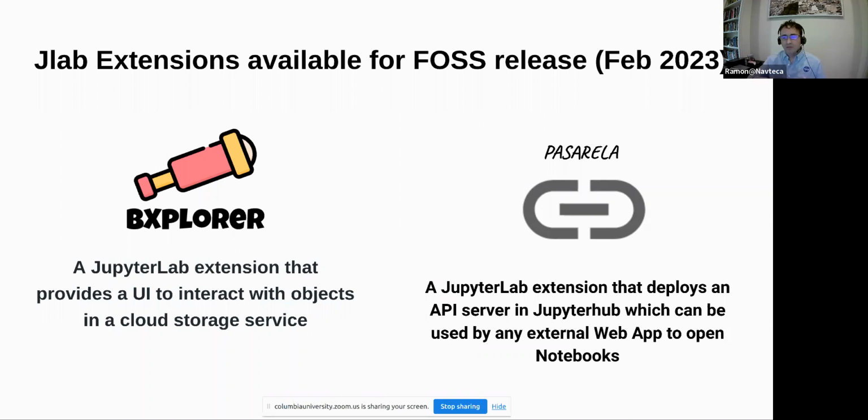We started creating it to solve some of the issues we were having with the IBM S3 Explorer and Bucket Explorer. We first forked that repository, but then realized we needed too many new features and decided to create one from scratch.